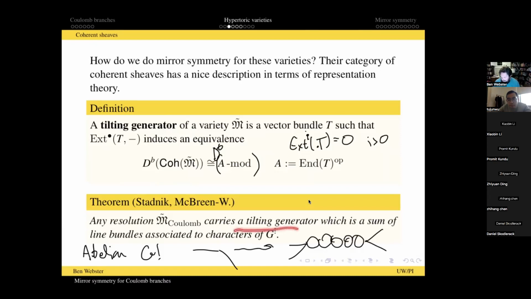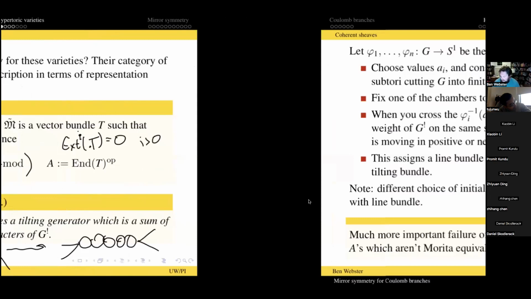But you can get tilting generators on all of them by taking the same collection of line bundles. The endomorphisms of those line bundles aren't going to care which resolution you're on. So going through that endomorphism algebra gives you a D-equivalence between the two resolutions, an equivalence between the derived categories of modules on them.